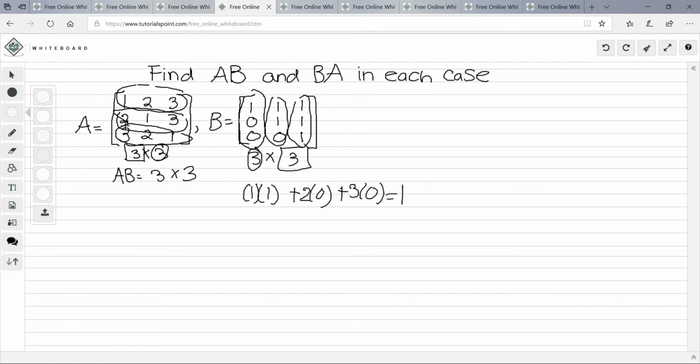And then we'll multiply this row by this second column. So it's going to be 2 times 1 plus 1 times 1, and then 3 times 0. So this is 2 plus 1, which is 3, and then 0, so it's just 3.